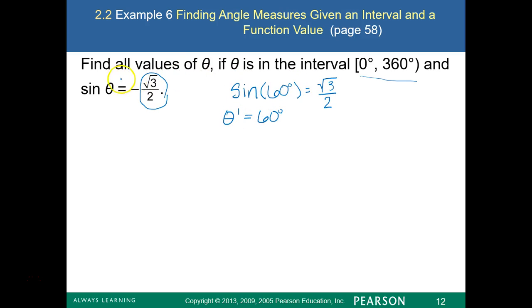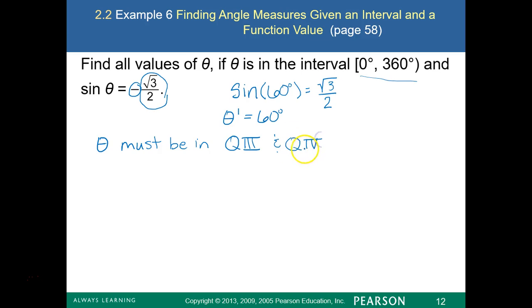And sine of theta is negative. You have to figure out what quadrant it is negative in. So it is negative in the third quadrant and the fourth quadrant, I believe. Let's see. Yes. So theta must be in quadrant 3 and quadrant 4.